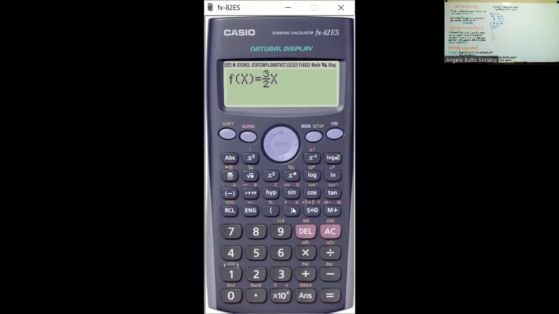We got 3.5x minus 6. Then write 6, and we have copied the equation, okay? Let's push the equal button.